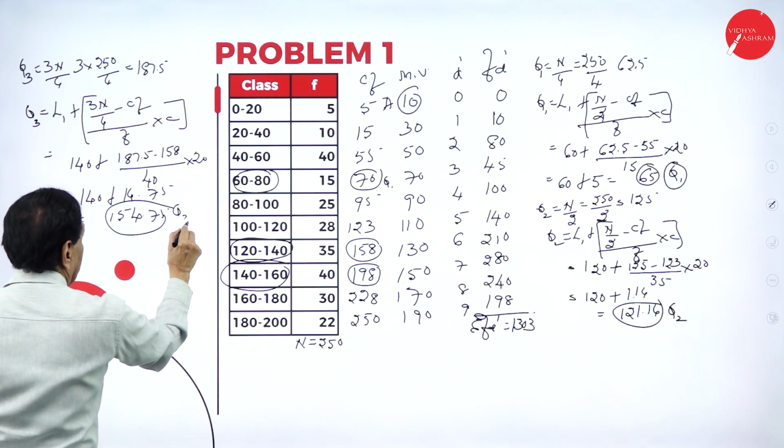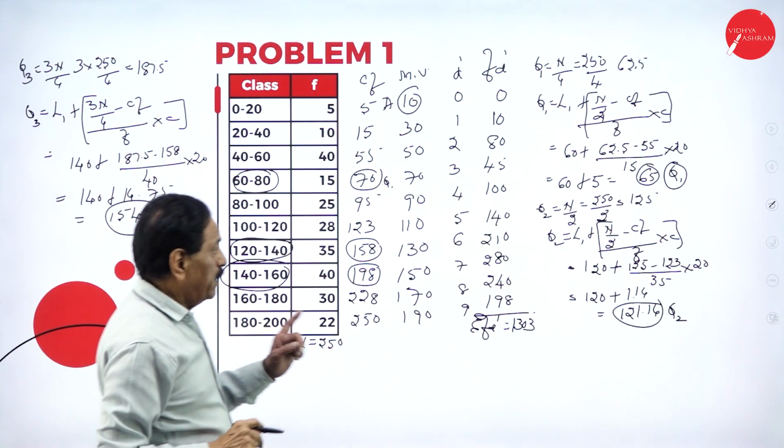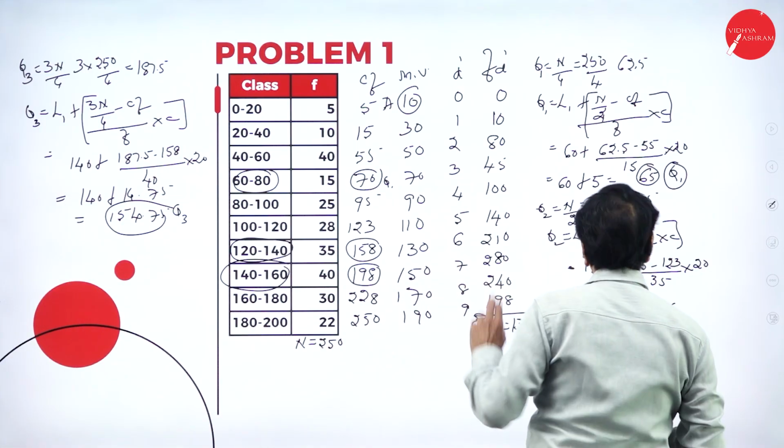This is your Q3. So we have found Q1, Q2 and Q3.